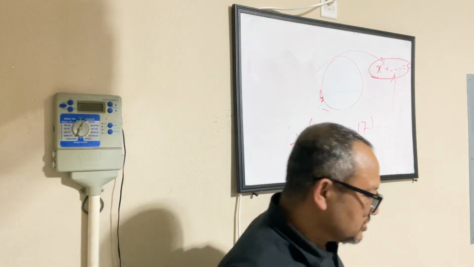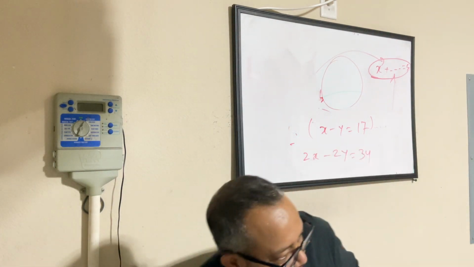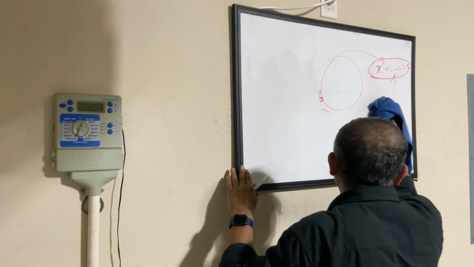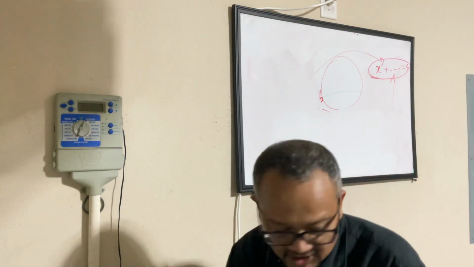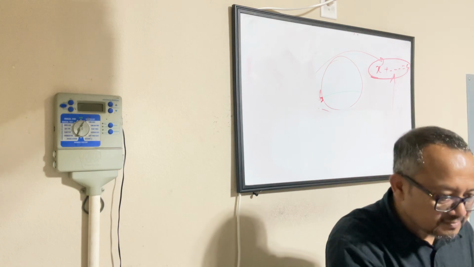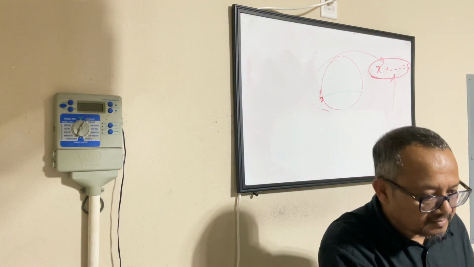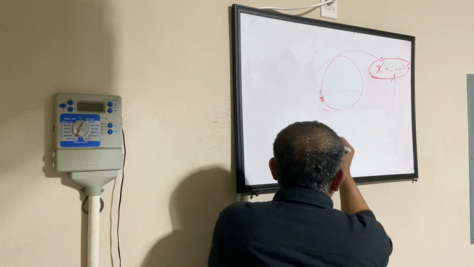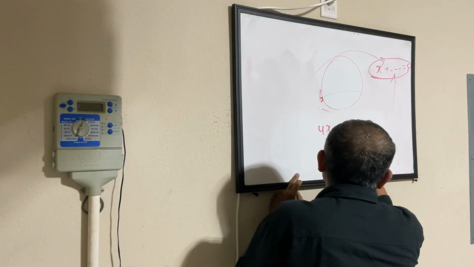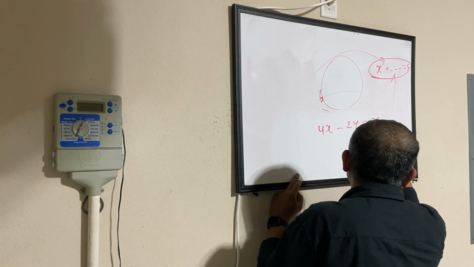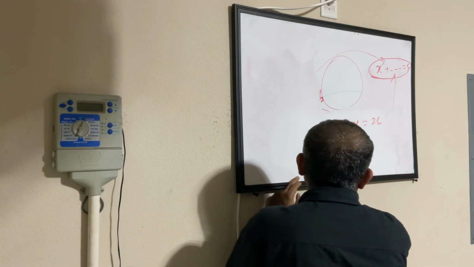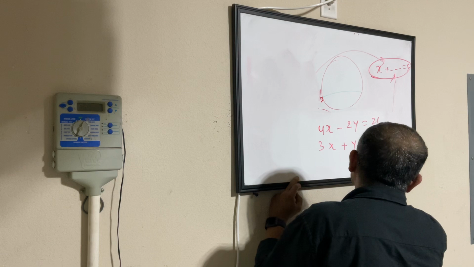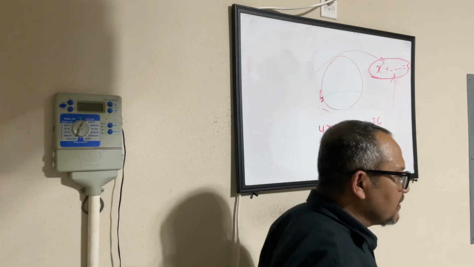Now, let me do some magic here on the board, and then I will let you guys practice a few problems. Let's see how much time we have. Okay, we still have 20 minutes. So let's say I have 4x minus 2y equal to 26, 3x plus y equal to 18, and I have to solve for it.